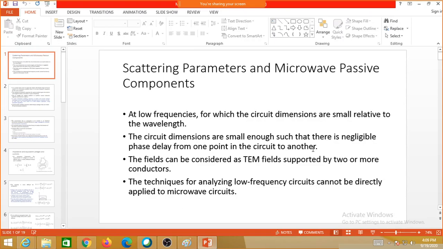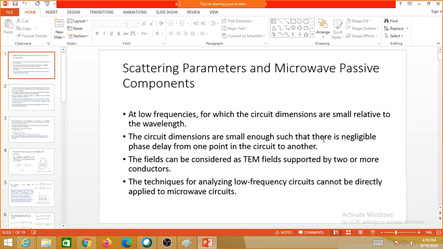That means the time taken for the wave to travel from the input port to the output port is not considered. Generally we calculate that delay using the path length: how much path the wave travels from one point to another, expressed in terms of phase, we call the phase delay.